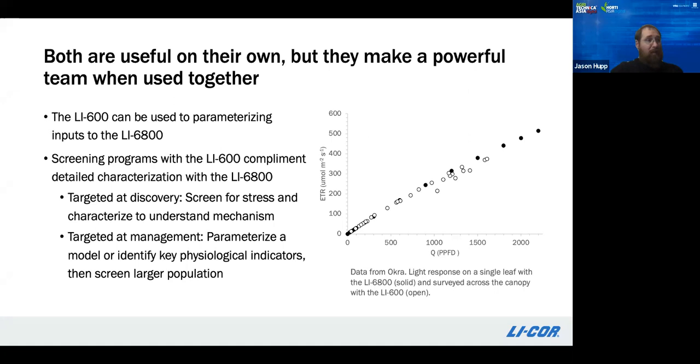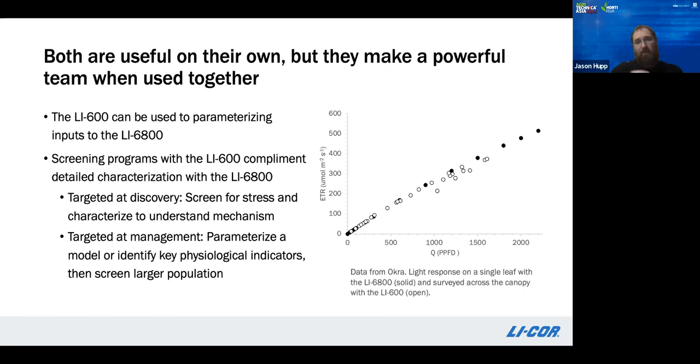Now, in a lot of applications where I worked, for example, before I came to LI-COR, in a crop modeling lab, we would take that deeper physiological understanding and use that to parameterize a crop model. So we use those response measurements to build a predictive model that describes how the plant will respond, given a set of environmental parameters.